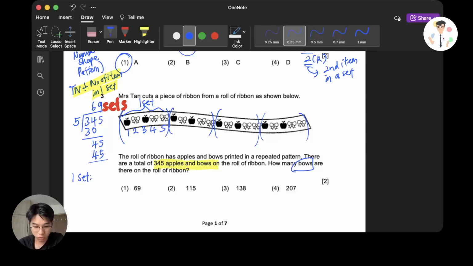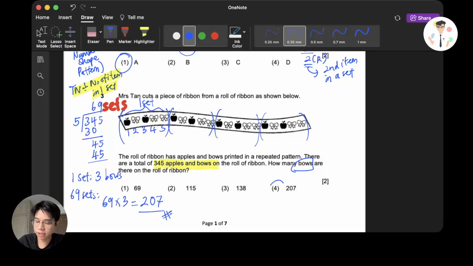I have 1, 2, 3, so I have 3 bows. And from that, you can kind of find out what I want to do, right? If one set I have 3 bows, then how about 69 sets? Then you just use 69 times 3, and with your calculation you should be able to get 207, and that will be basically the answer.